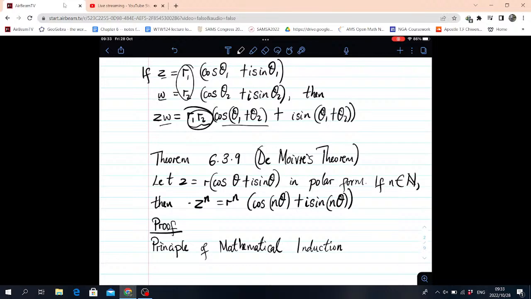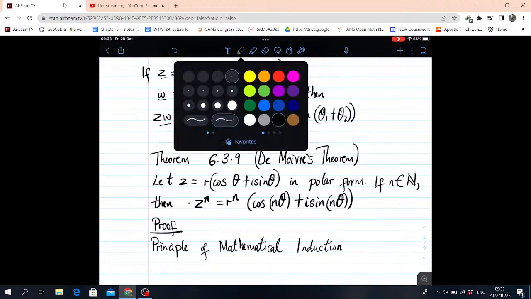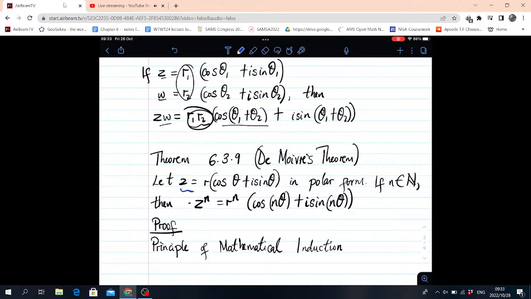It says if you've got a complex number z, which you can write in polar form, and if n is an integer, here we are going to prove the natural one, the positive one, but otherwise the full theorem is when n is an integer. So this is not the full theorem. We are just going to prove this one, and then you can do the other part as an exercise.